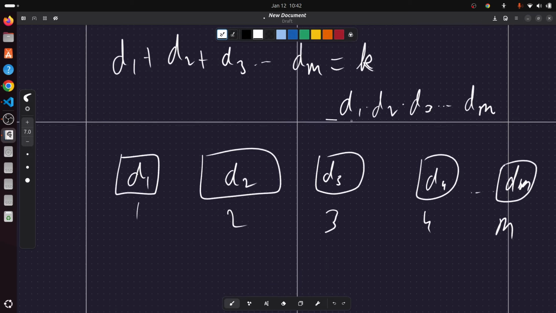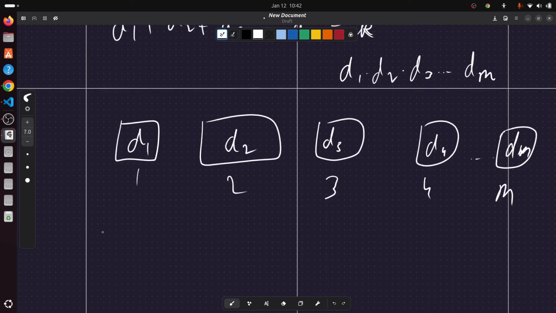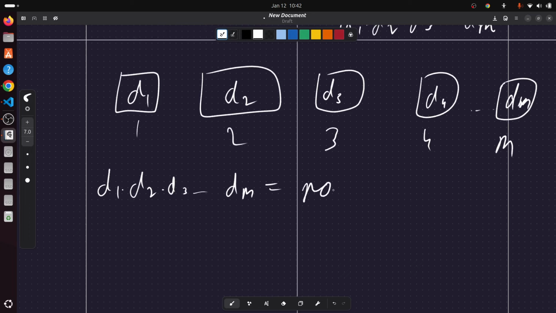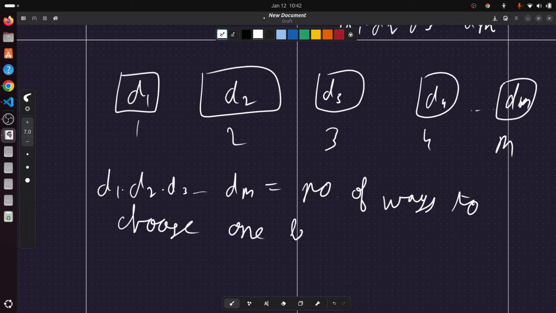right? This d1 d2 up to dm, this is the observation, that this d1 into d2 up to dm is just equal to, basically, the number of ways to choose one ball from each box.